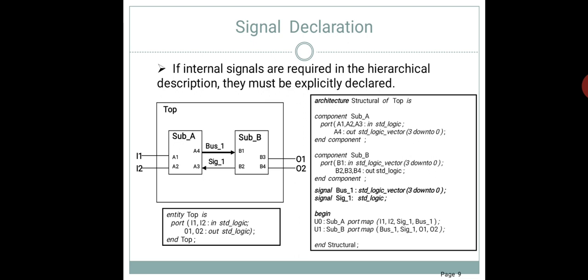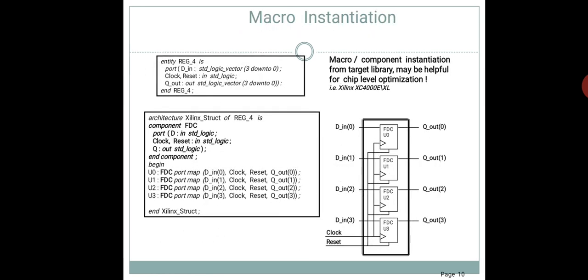So a signal is written with the keyword signal followed by the name of the signal followed by a data type. Here it is std_logic_vector 3 down to 0, so this is a 4-bit signal. In this way, internal signals or internal connections are defined, and those signals must be declared in the architecture declaration part. This is another thing that we need to understand.